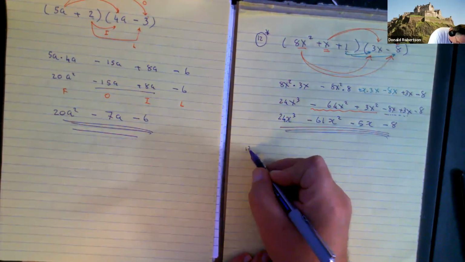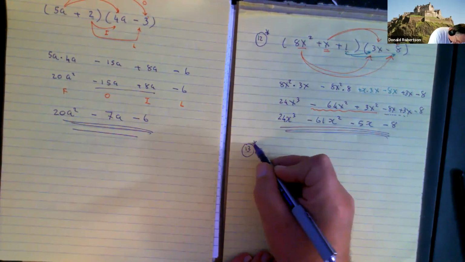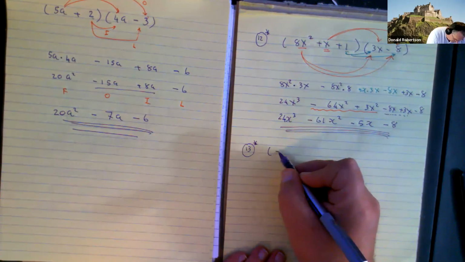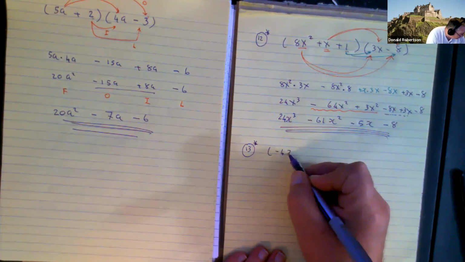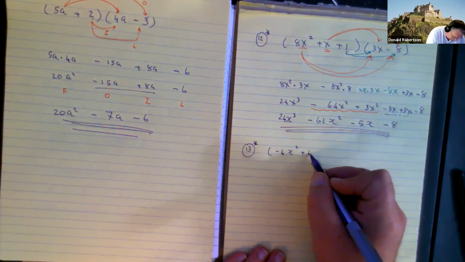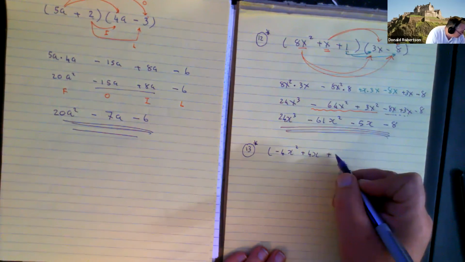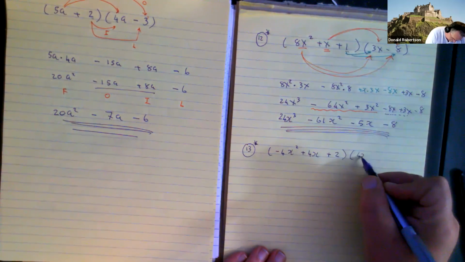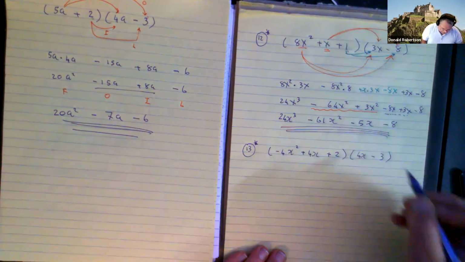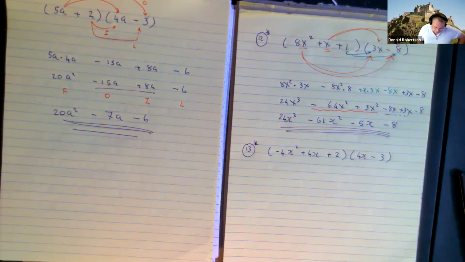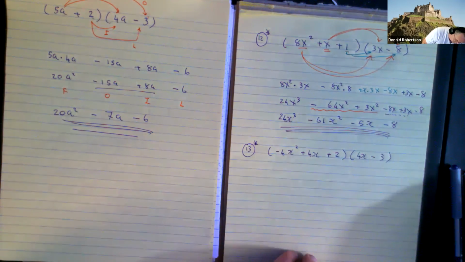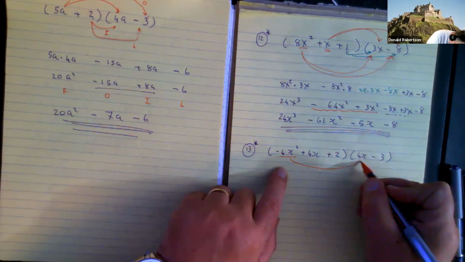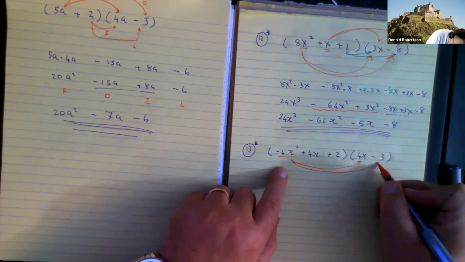So the last one is question 13. And question 13 is even uglier than the one we've just done. It's this guy times that guy. Start off with the first one, that's this fella, and he's going to multiply those two guys.